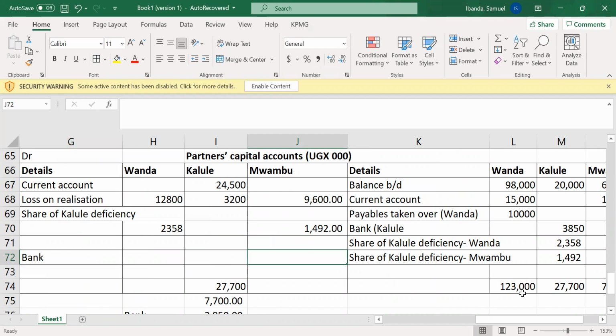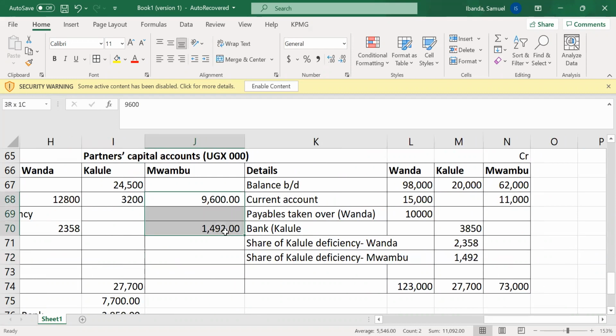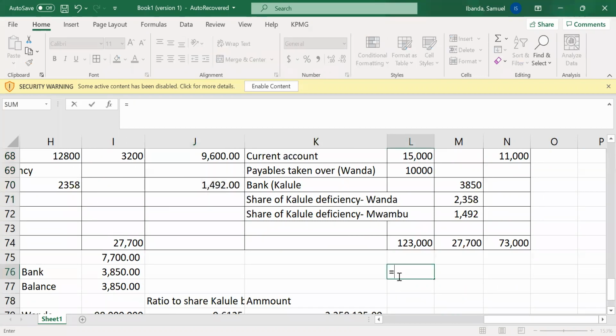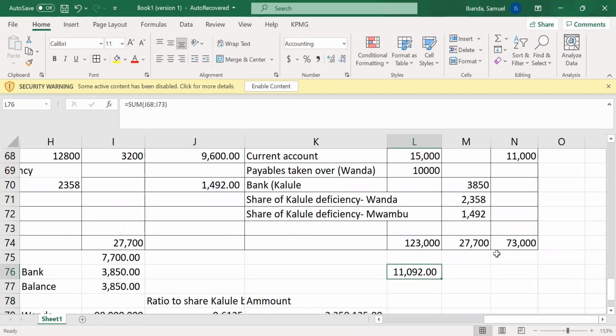So for Mambo, let me get the difference here. You can do this on your calculator. So I get this value, then compare it with this.